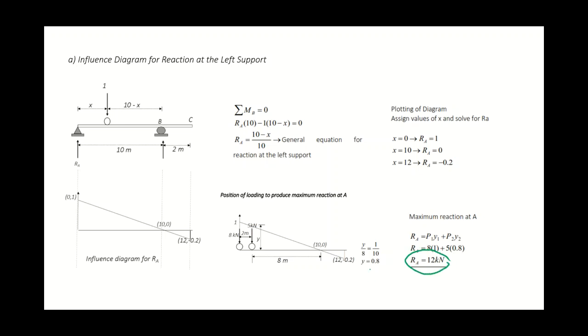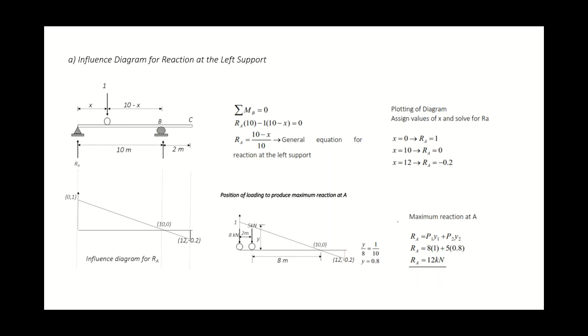Now, someone might ask, why do we need to compute this? This is an example of moving loads, and most of these beams are for bridges. For example, you are designing a beam of a bridge. To design it, you need to know the maximum force to be resisted, caused by the moving load that could pass over the bridge.